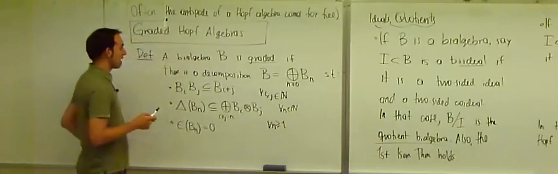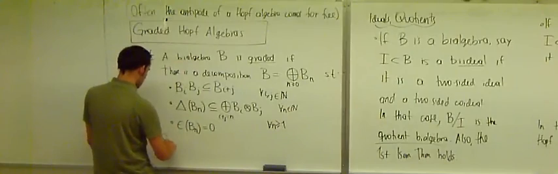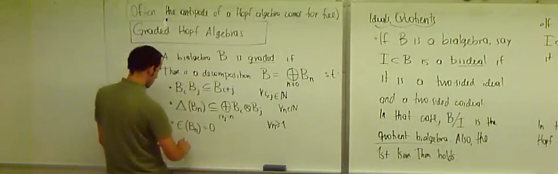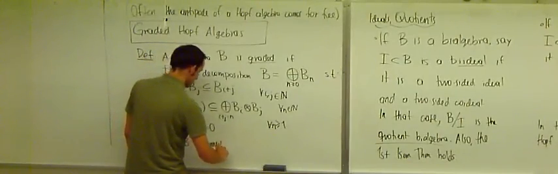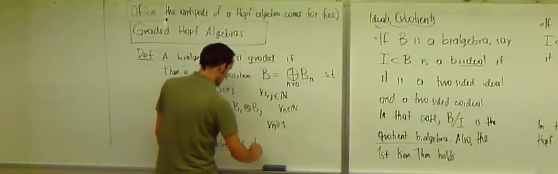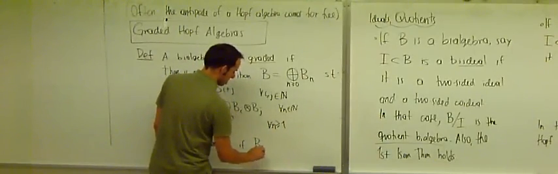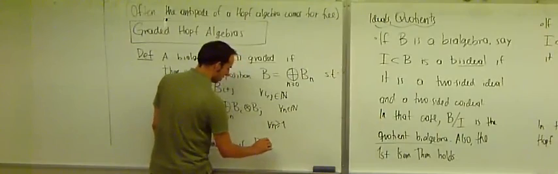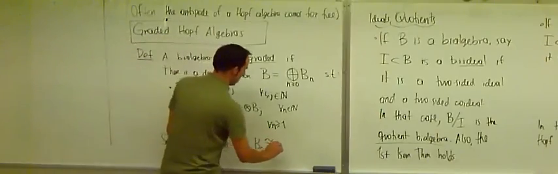So that's a graded bialgebra. And we say that a graded bialgebra is connected if the things of degree 0 are just a copy of the field.